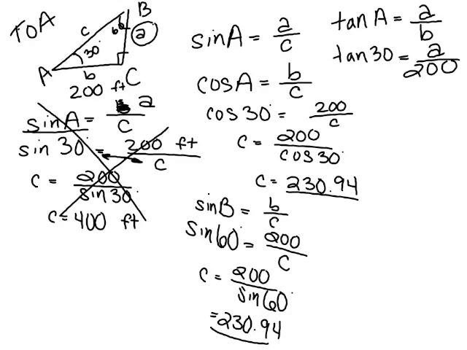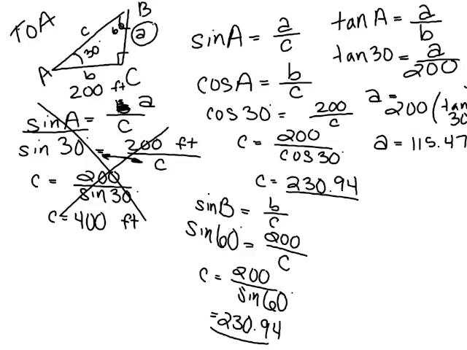So if I multiply both sides of my equation by 200, I'll get my little a alone. So a equals 200 times tangent of 30 degrees. So 30 tan times 200 on my calculator. A equals 115.47.